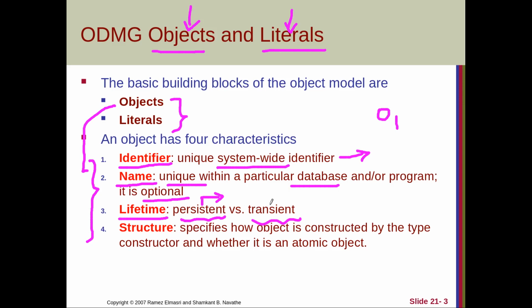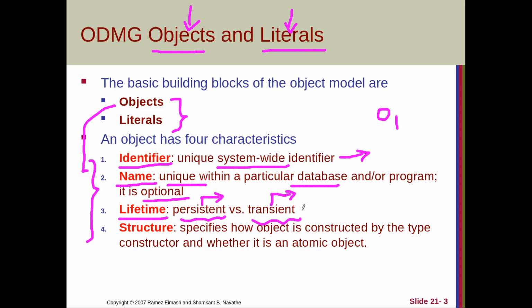But in the case of transient, it is similar to an object that is created in a C++ program. That is, when we create an object while executing a program, that object will be created, but the object will be removed from the memory after its usage, or just when we are exiting from that particular program.